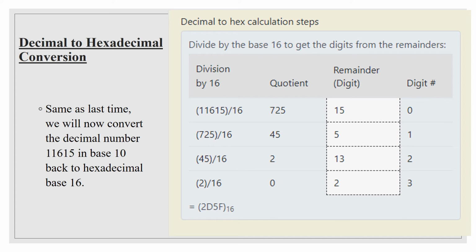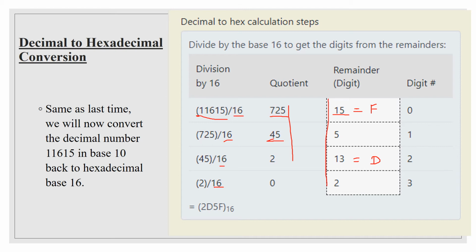Decimal to hexadecimal, more conversions are present here. Now suppose we have a decimal number. We will divide it by 16, and we will get a quotient 725 and remainder 15, that is equal to F in hexadecimal. After dividing all the next quotients by 16, we will get quotients and remainders side by side.